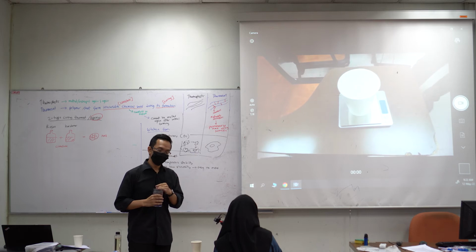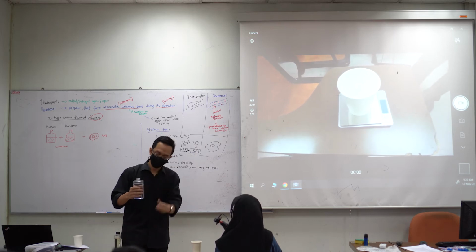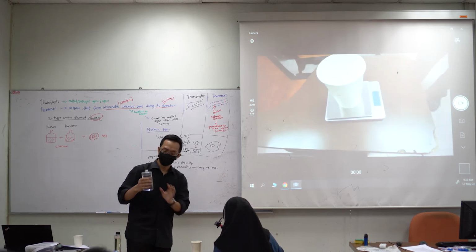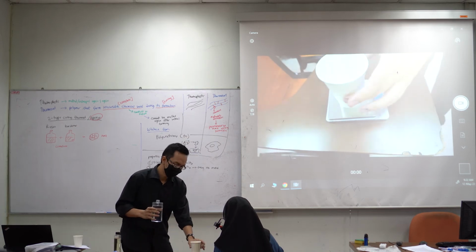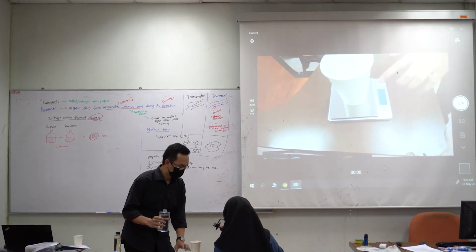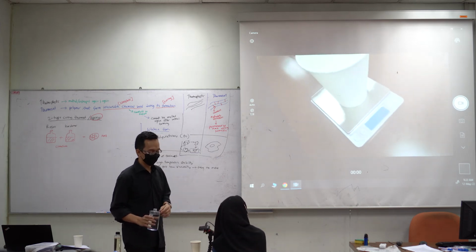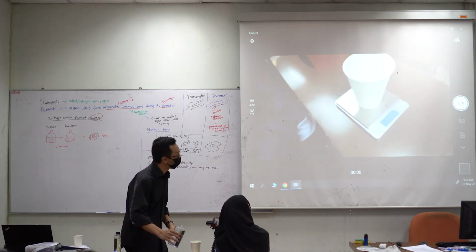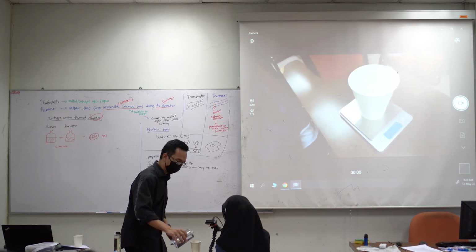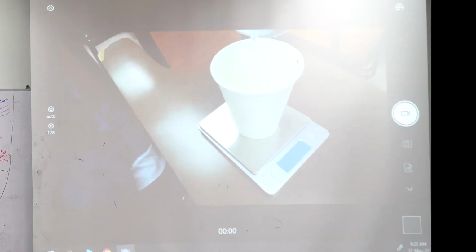Roughly 30 ml is 30 grams for this material, so you can just tare the scale. Make sure you put 30.